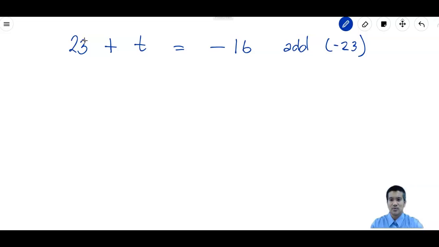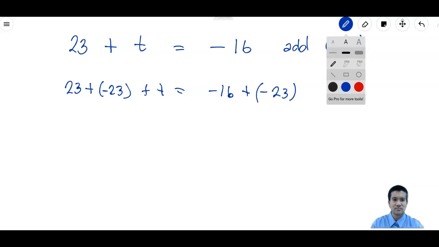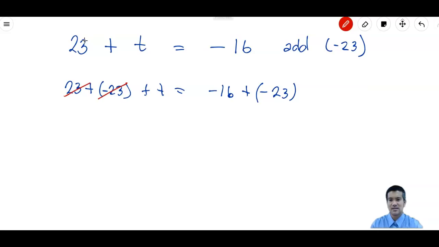So what will happen now is 23 plus -23, and then we will have plus t equals -16 plus -23 as well. So therefore we can eliminate the value of 23 here.